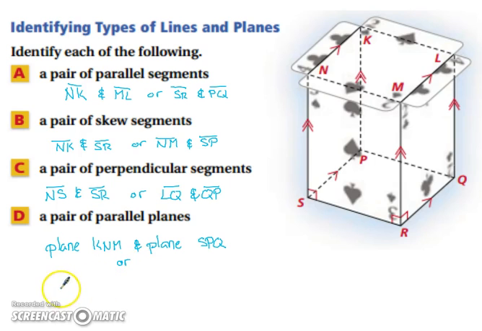Or maybe you grab plane NKP and plane MLQ. There are other options for each of these. These are just a couple of examples.